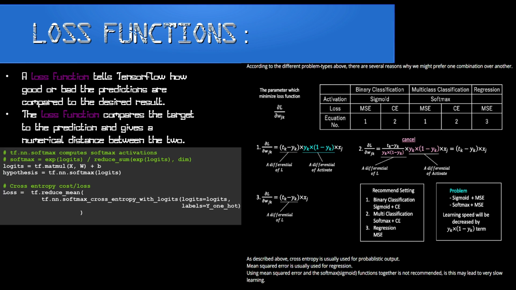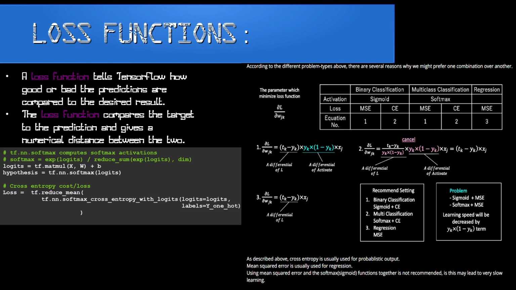According to the different problem types above, there are several reasons why we might prefer one combination over another. The parameter which minimizes the loss function, that is, ∂L/∂w_jk.